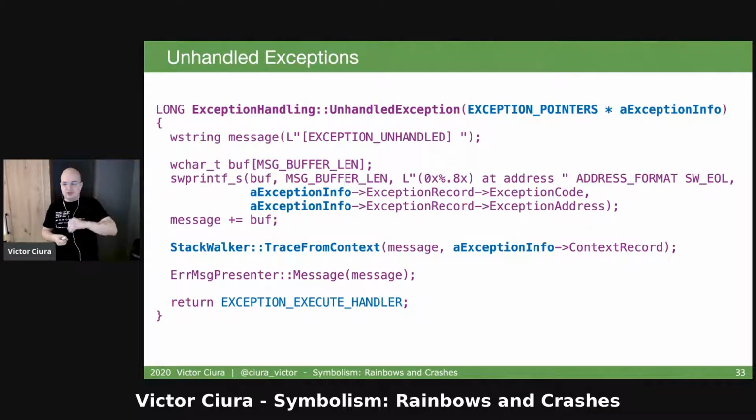And you can reach into them and extract all the context information that you need to actually build a full stack trace from an unhandled exception. You see there already we're able to extract the exception code and address. We'll see later on what those might be. And with some helper functions like this one, StackWalk or trace from context, you can actually build a whole stack trace just from that contextual information that the C runtime gives you.